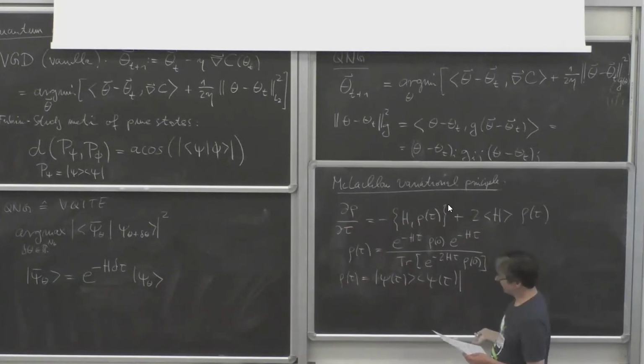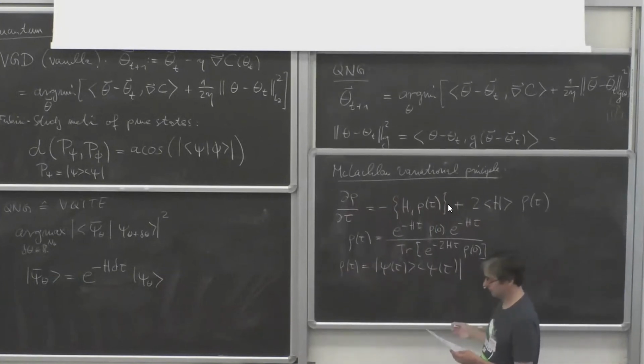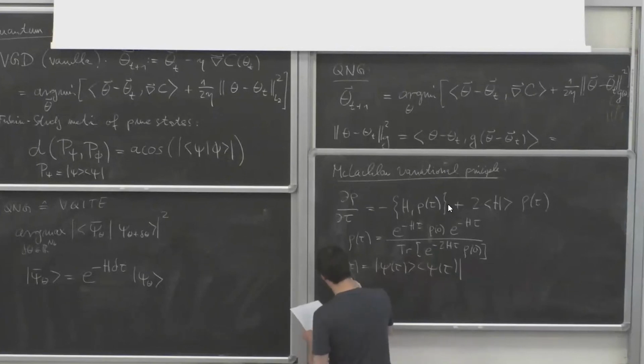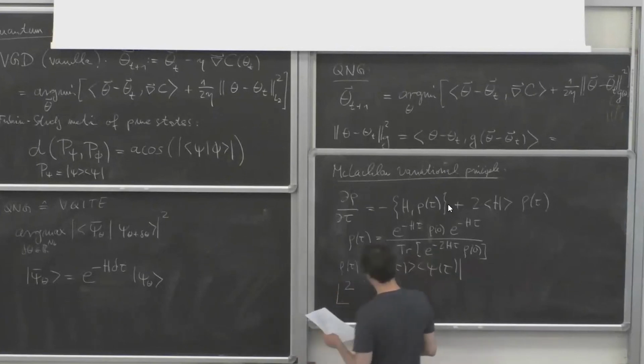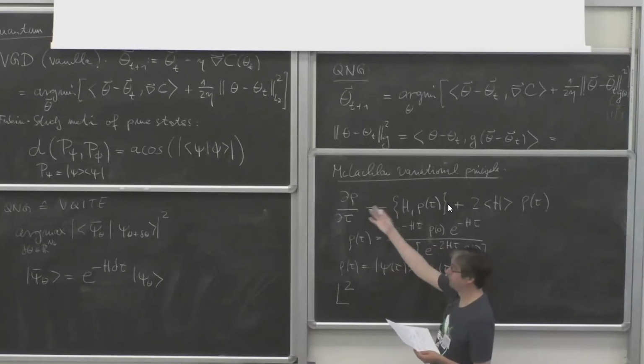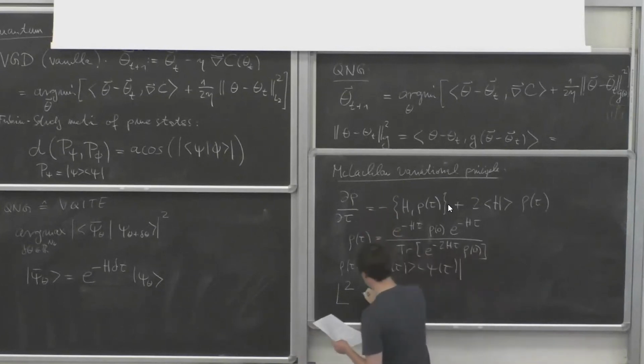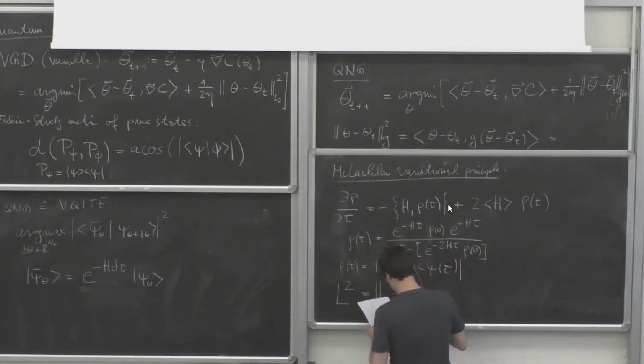And so now I want to update my variational parameters as well as I can to follow this time evolution. This is what I want to reproduce. If I want to write this mathematically, I want to minimize the following distance.